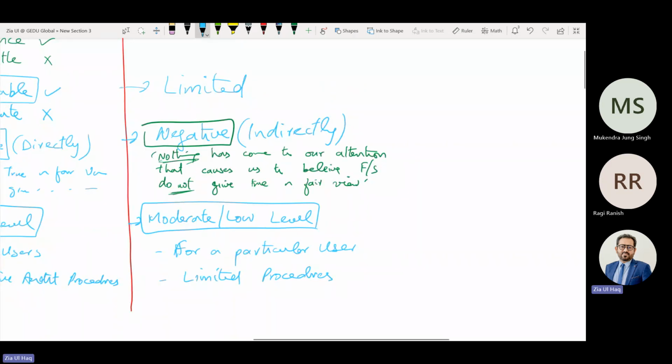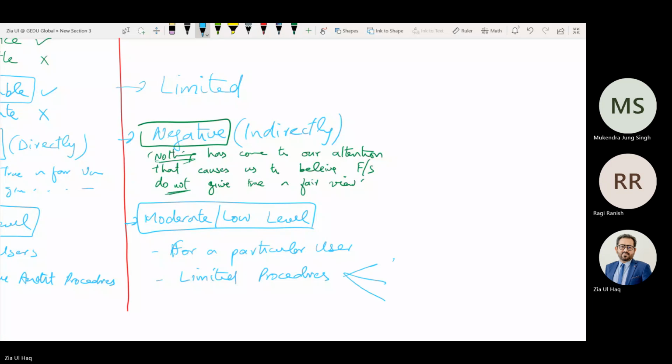What are those 3 limited procedures? Analytical procedure, inquiry, and written representation. No test of control, no substantive procedure, no inspection, no external confirmation.